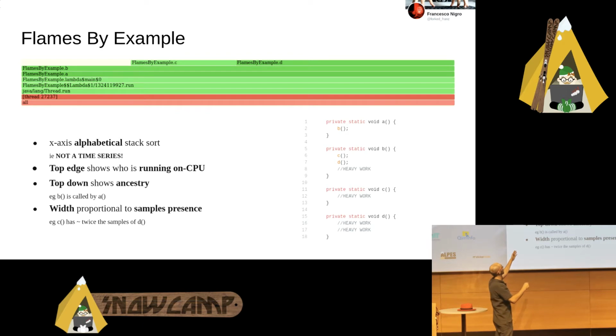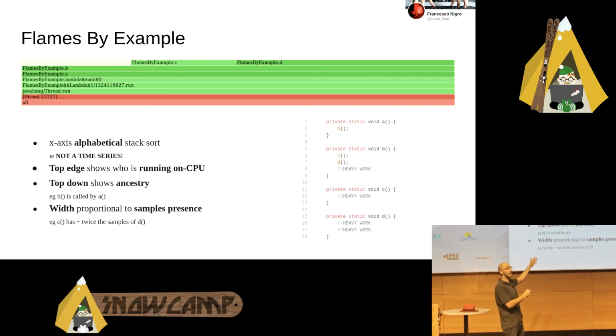But let's look together at the meaning behind the width of those rectangles. The width is proportional to the presence of samples, to the amount of samples. The too long didn't read part is that the more a method is seen on CPU and is seen inside the call stack, the larger the rectangle will be.